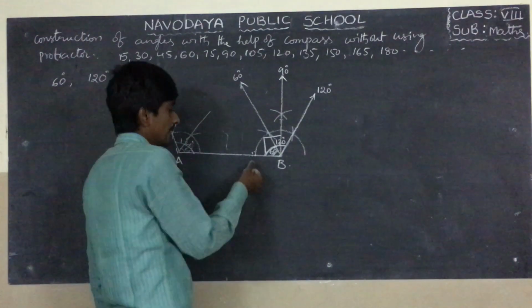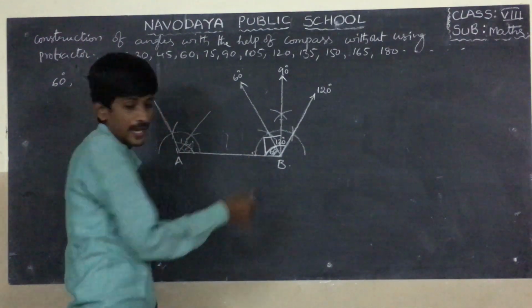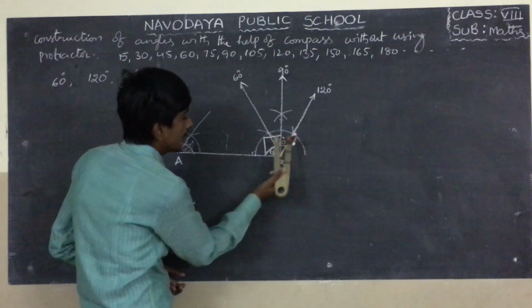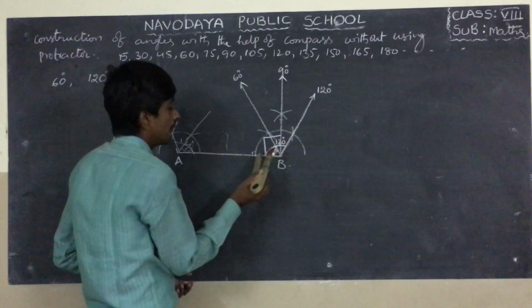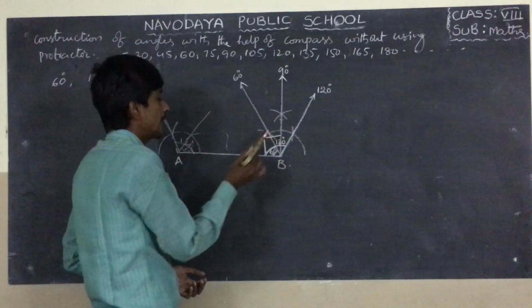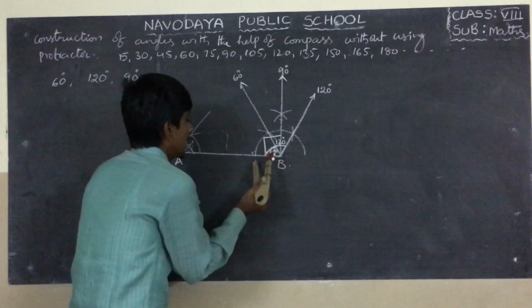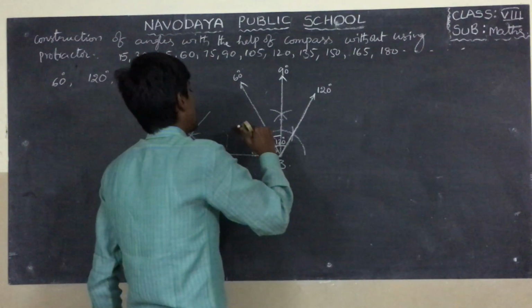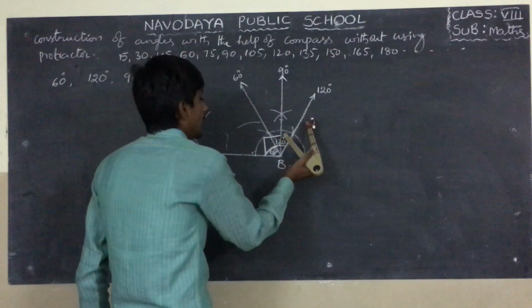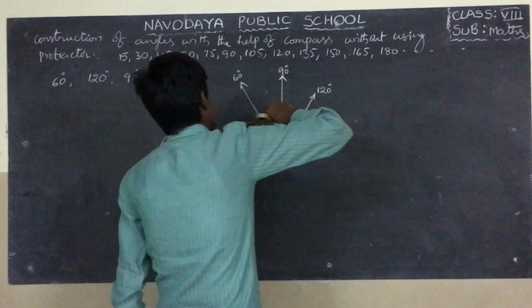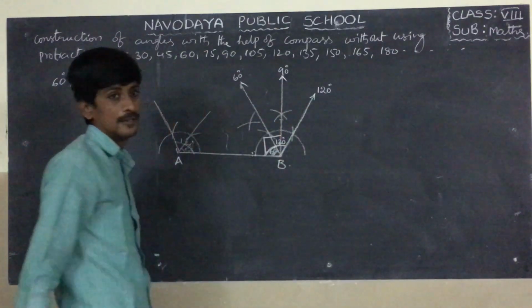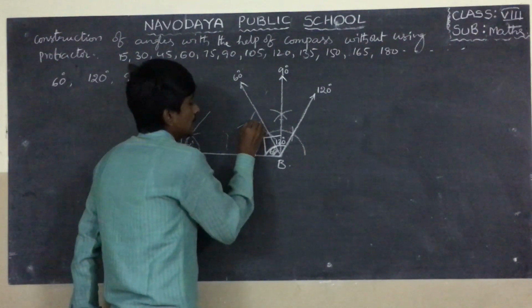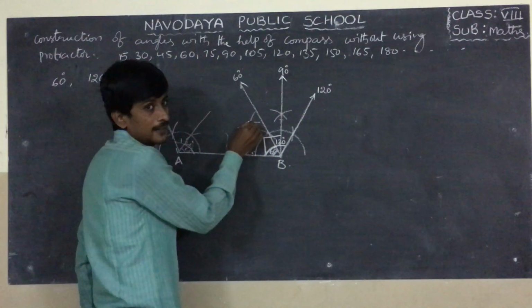With the same radius, from 0 and from the 90 line, draw two arcs. The two arcs intersect at a point here.